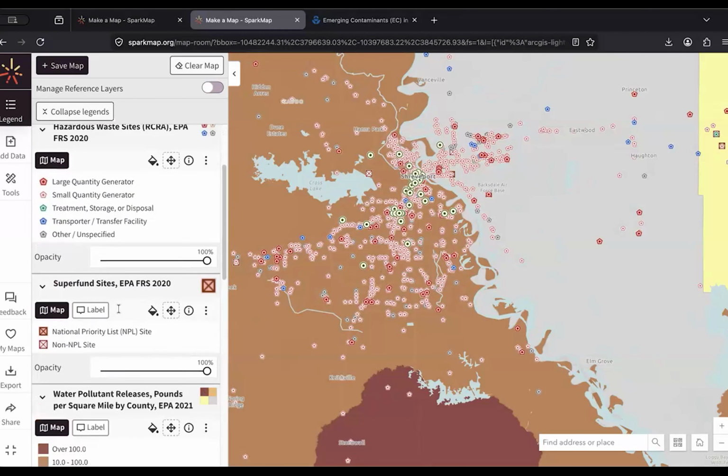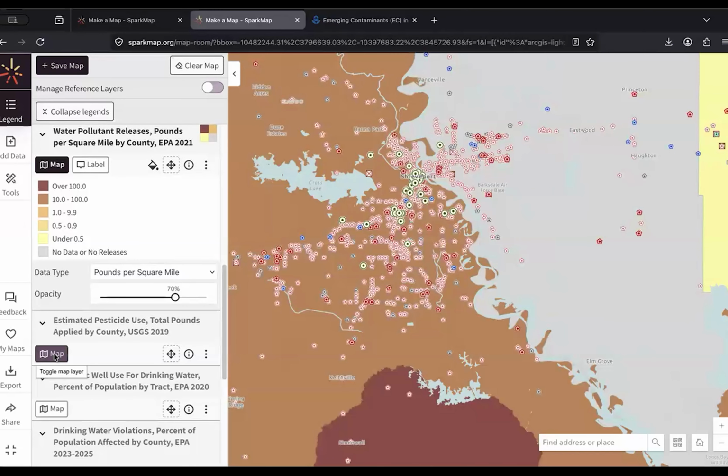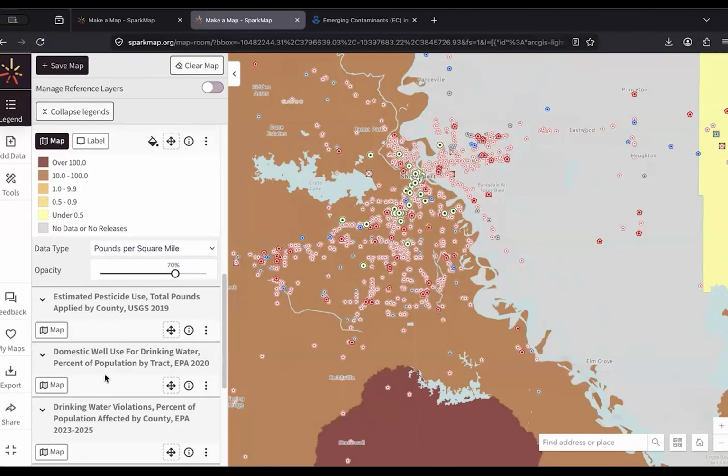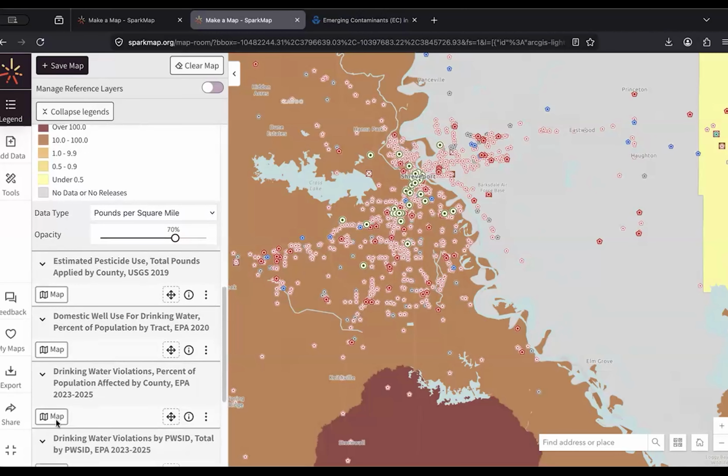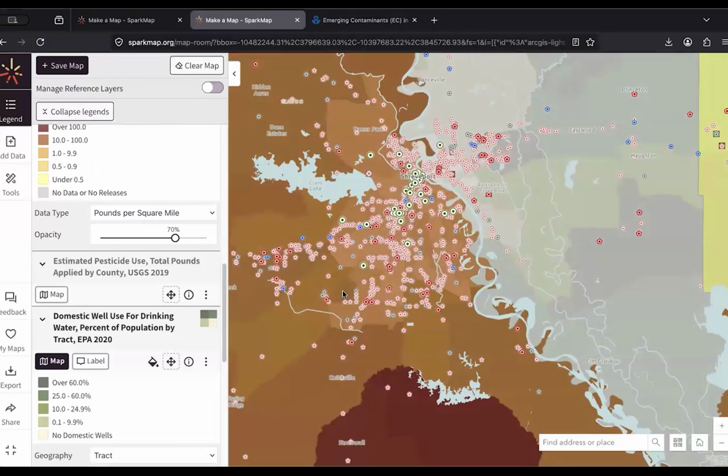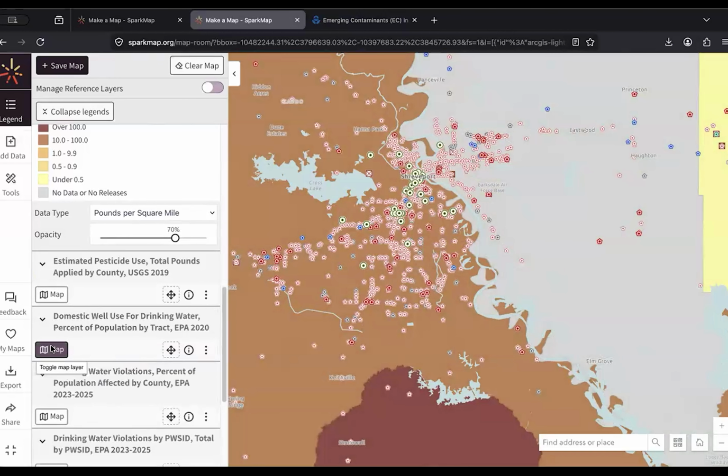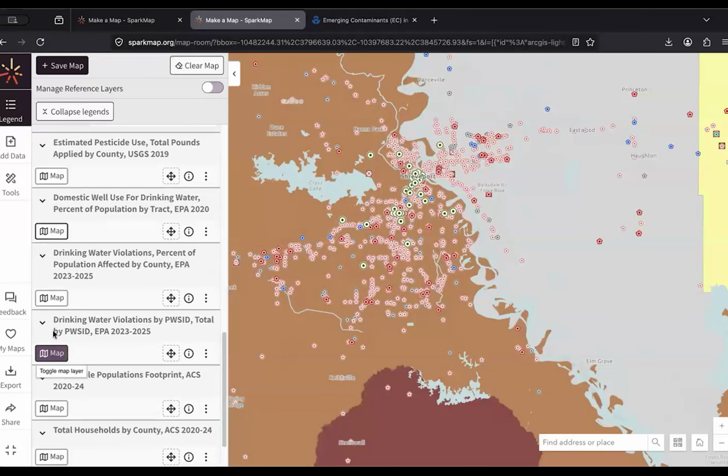I don't think it's always a coincidence, but I do think sometimes it's more than a coincidence, where we see some of that overlap between the locations, the concentration of some of these sites, and also the concentration of where we're seeing our drinking water violations.